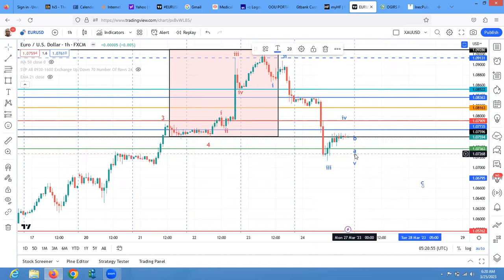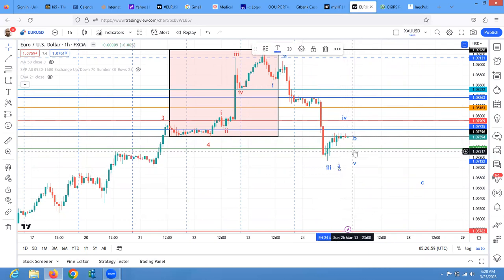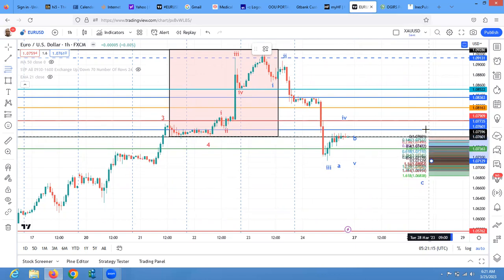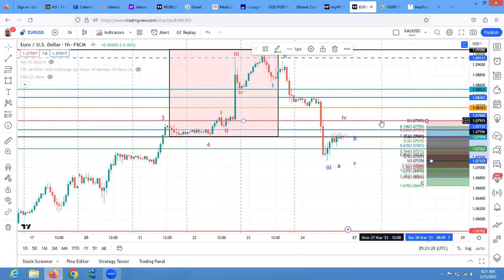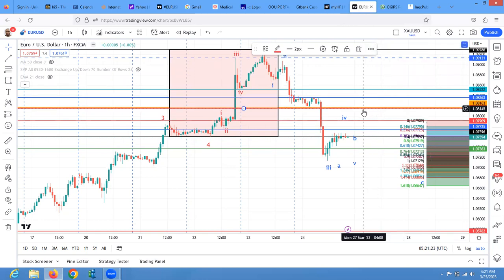Now, an A. Where do I think this A can get to, the limit of this A, with what we have here, this kind of a reaction to this point? I think the limit of this A cannot be more than 1.68 to the downside.